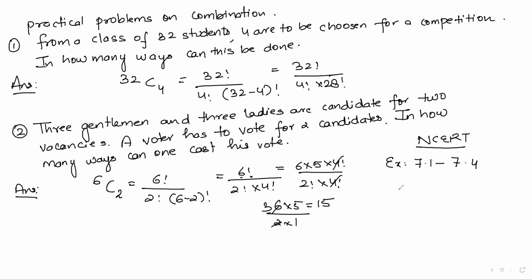Sakshi, you just need to complete 7.4. Plus you need to do the assignments. In assignments, you need to complete the first, second and third assignments, and from assignment fourth, you need to do questions 1 to 5.